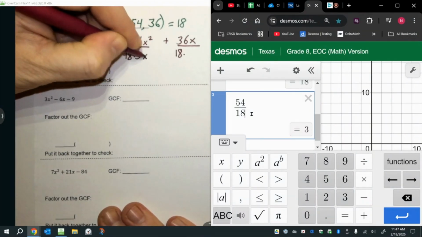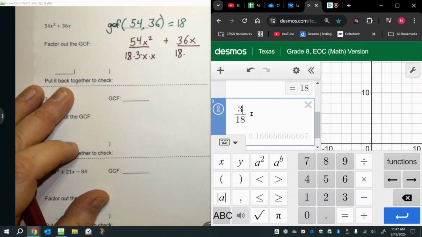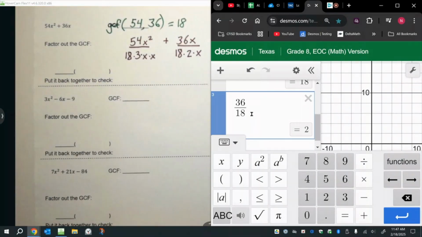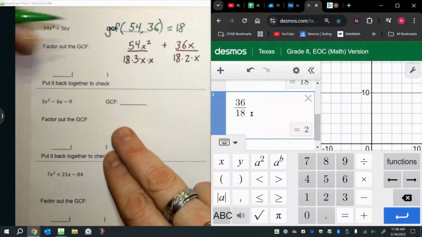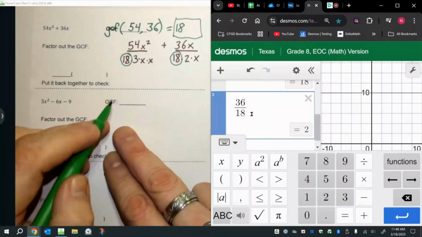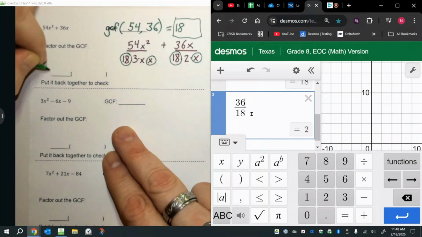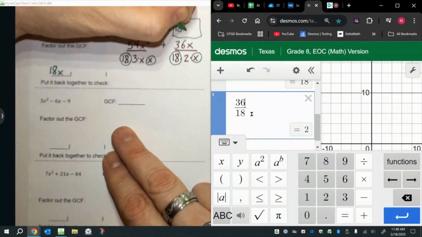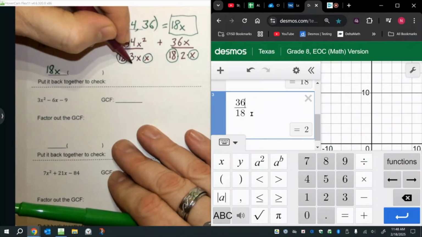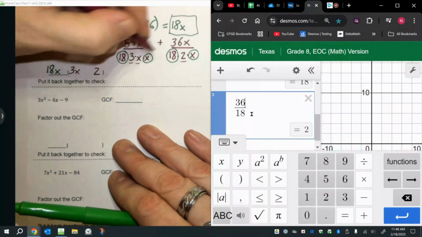How do I get x squared? x times x. And then over here, I'm going to take 36 and divide it by 18, and that gives me 2. And then I'm going to put my x. So 18 is my GCF. We know 18 is. But is there anything else that is? Well, we have an x, and we have an x. So 18x is my GCF. And what is left? Well, what's in here is what's left: the 3 and the x, and the 2 with my plus sign.